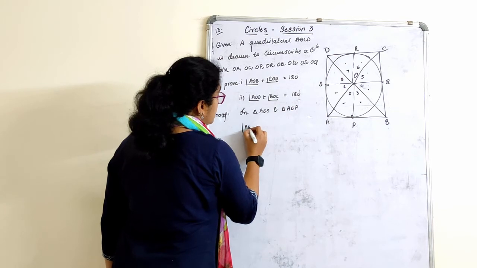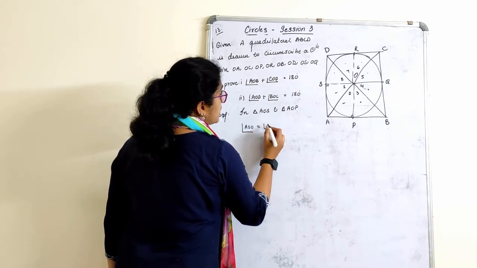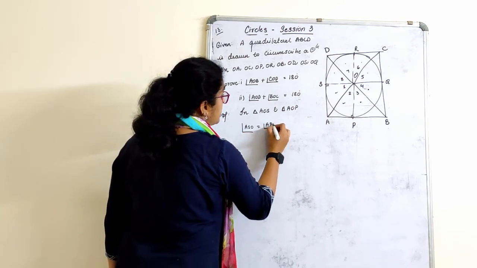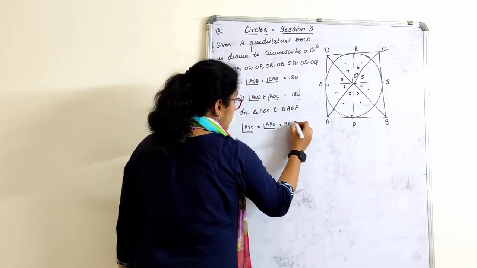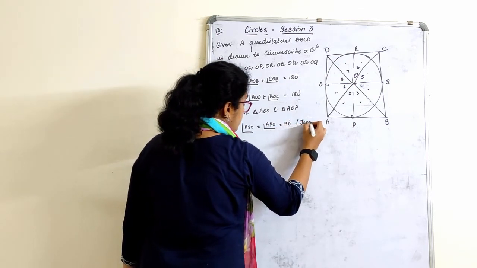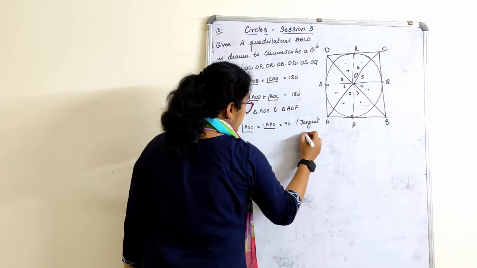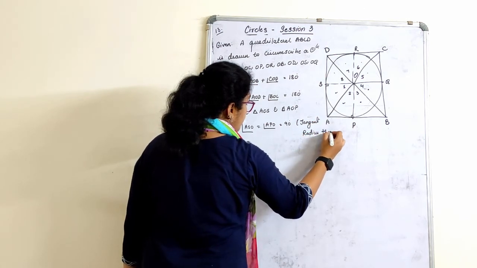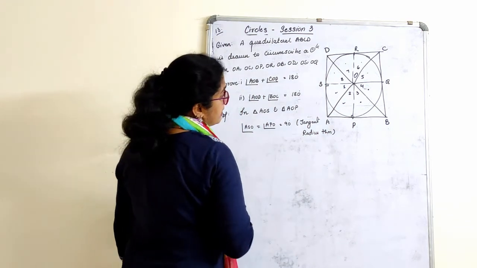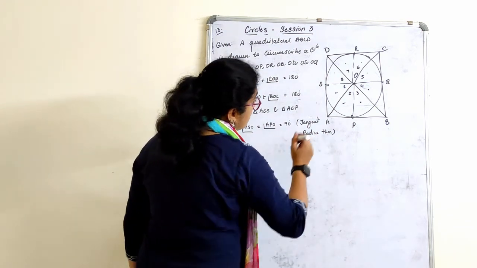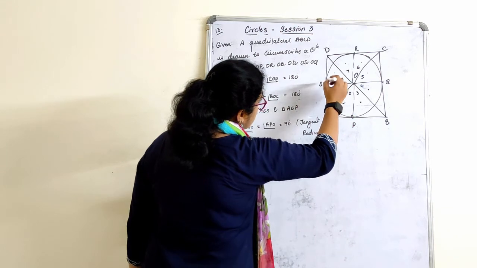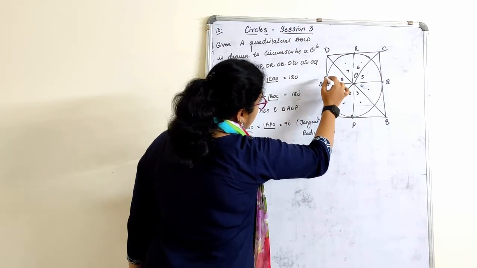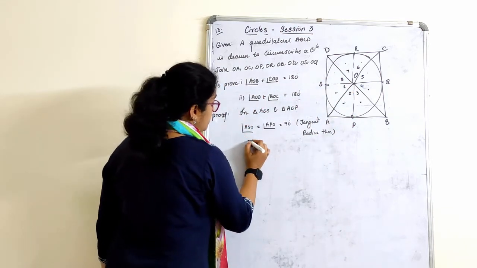Angle ASO is equal to angle APO is equal to 90. Tangent radius theorem over. The 90 degree part is over. Then I can also use another statement, that AS is equal to AP.